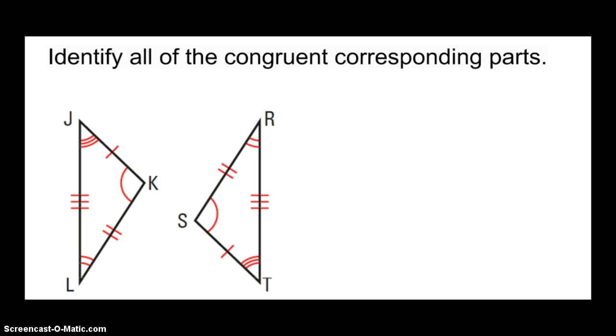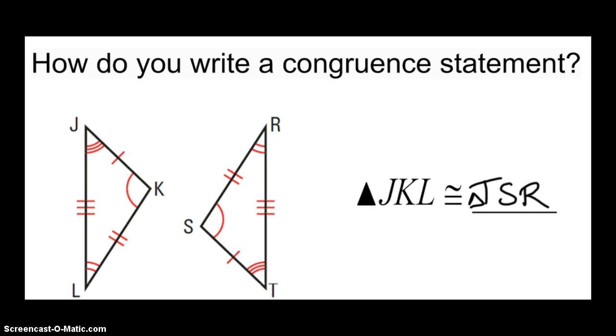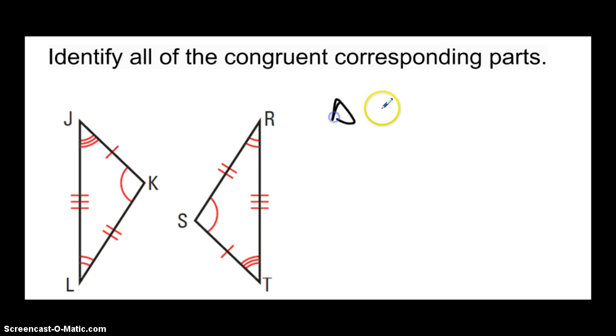All right, now here, identify all of the corresponding congruent parts. You just wrote the congruent statement, right? So you don't even need the picture. If you have the congruent statement, so what was our congruent statement? JKL, TSR. So triangle JKL is congruent to triangle TSR. You actually don't even need the picture. This is the same figure as before, so I know this is going to work.